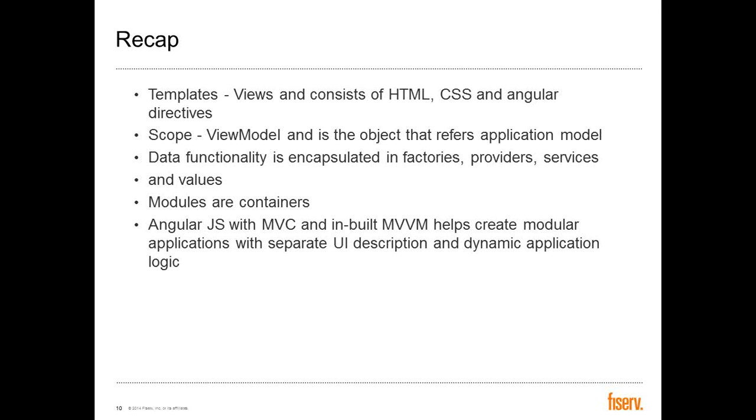So finally, we can use AngularJS to build HTML5 applications in the MVC pattern. But the complete support of two-way data binding is provided by the MVVM concept, which is supported by the scope object, and that helps us to create modular applications with a separate UI, and it makes the application dynamic.